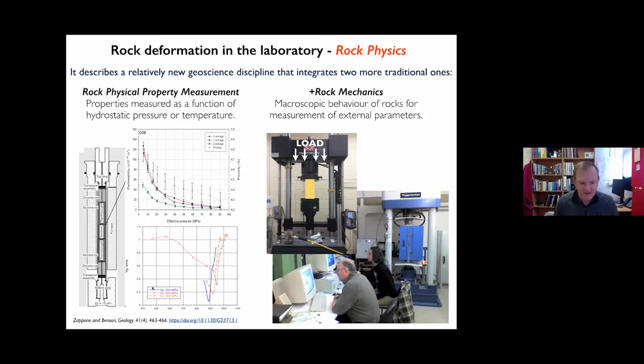And on the bottom, more data this time, elastic wave velocity, P wave velocity, decreasing to an inflection point as we approach around 900 degrees or so, the alpha-beta quartz transition, published a few years ago by myself and a former colleague. And on the right hand side, rock mechanics, the traditional rock squashing. So here's one I prepared earlier.